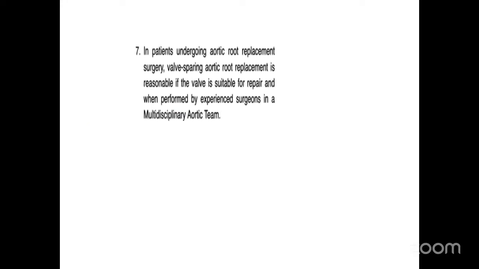In the American guidelines, regarding patients undergoing root replacement surgery, valve sparing aortic root replacement is reasonable if the valve is suitable for repair and when performed by experienced surgeons in a multi-disciplinary aortic team.